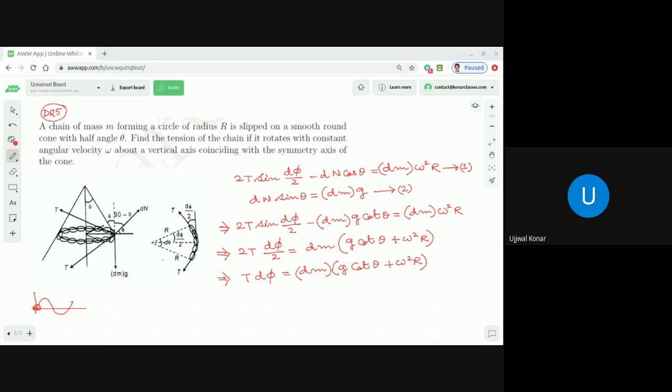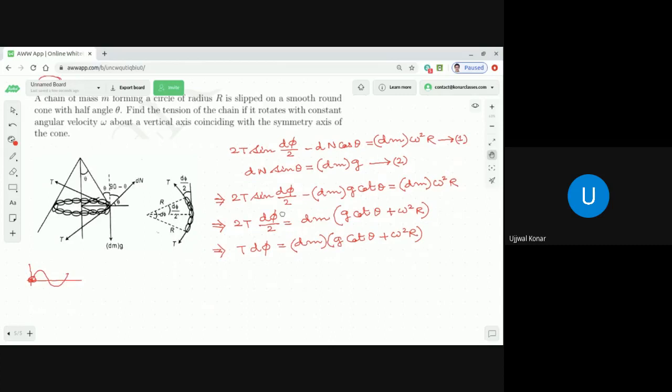After that, from here we need to find the value of dm. How to find the value of dm is that dm is equal to m by 2 pi r into d phi. Correct, no?